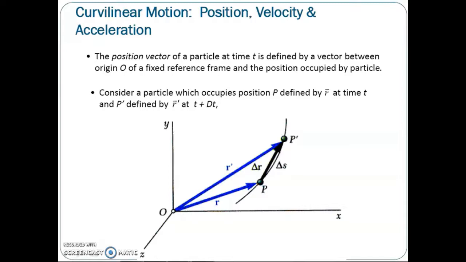What it means here is the particle moves from position P to P prime in the time interval delta t, and the change of position is delta r. The vector r prime is obtained by adding the vectors r and delta r according to the triangle rule.